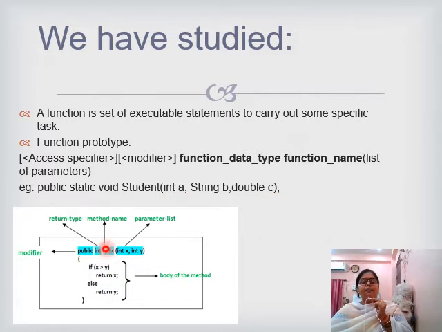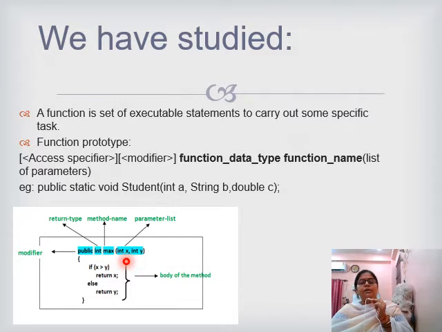In the second example, we will see a returnable function. See the difference: in the non-returnable function we have used void, but in a returnable function we use a data type. Here it is the modifier, this is your return type, this is your method name, and this is your parameter list.